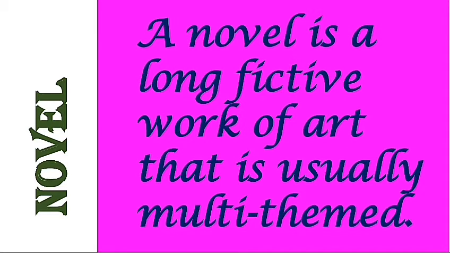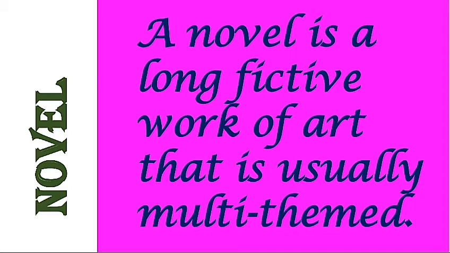A novel is a long fictive work of art that is usually multi-themed. The writer can talk about anything and as many themes as he wishes to in a novel.